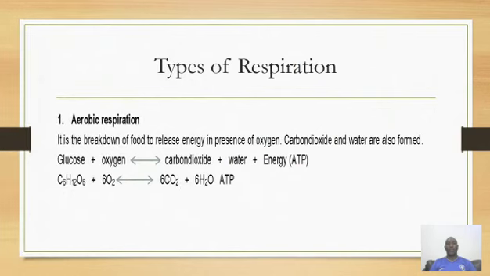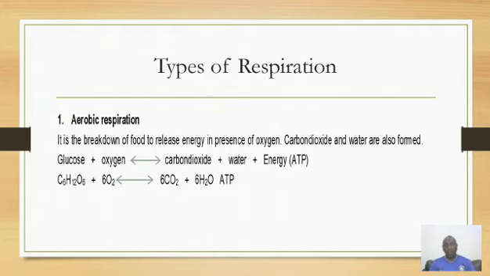Moving forward, this brings us to the types of respiration. Remember, respiration is the breakdown of simple foods in body cells, releasing energy. And this occurs in two forms: one, aerobic respiration, and two, anaerobic respiration.